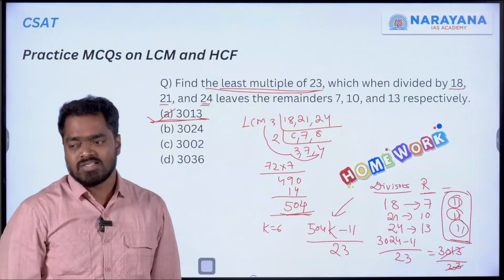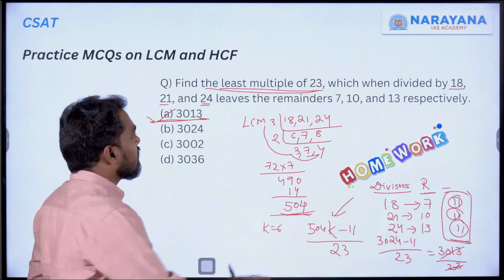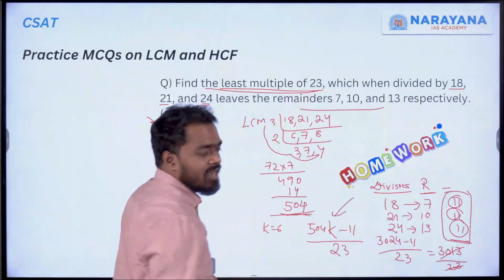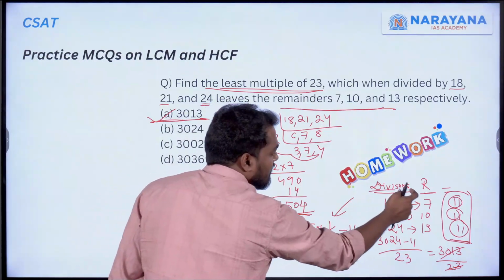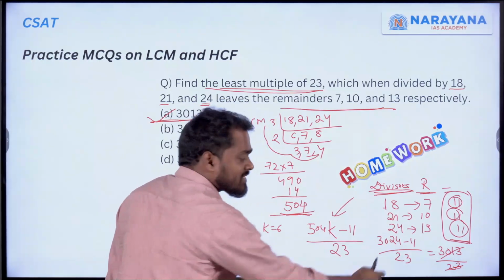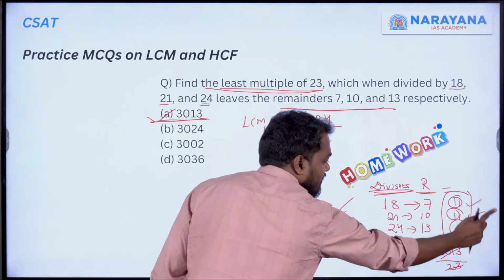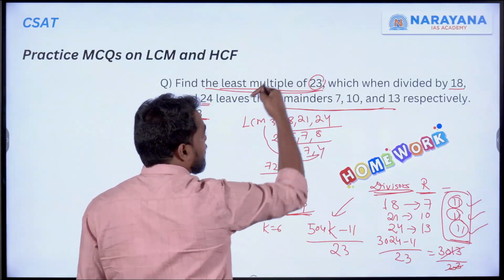Understood? Similar questions yesterday we have done. In that question, they had given only a single remainder. When they give you multiple remainders, take the divisors and remainders, and take the difference. You will always get the same difference in each case. Now they are asking the least multiple of 23.